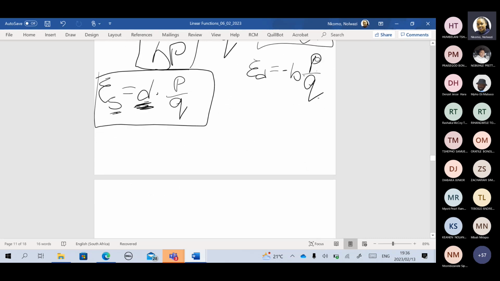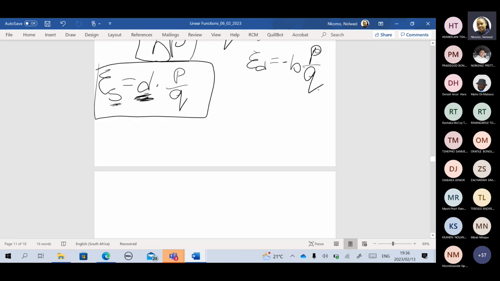Again, if we are given an interval and asked to find the arc elasticity of supply, then let's say we are given two points, P1, which corresponds to Q1, and P2, which corresponds to Q2.